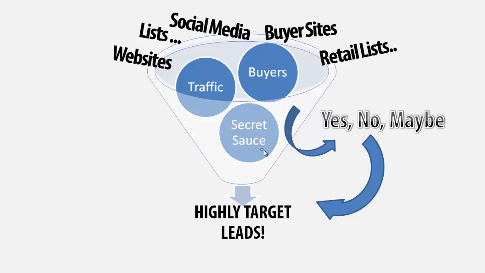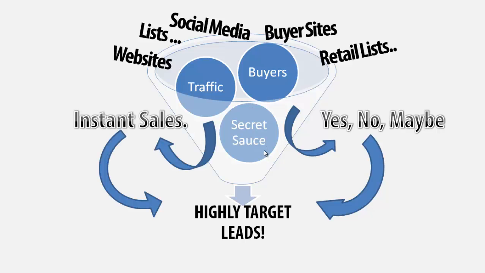Once they get back in the system, we end up getting instant sales, right? And then we put those people right back into the system, all the time building an effective list of people that want to buy stuff. So what we're creating is highly targeted leads, because the more we know about this person, the better off we are.